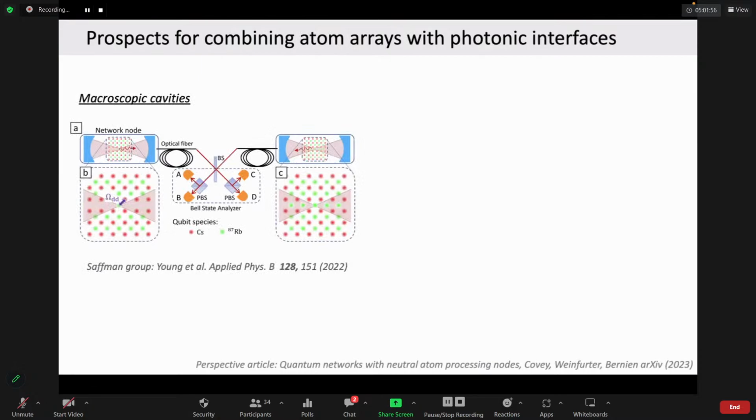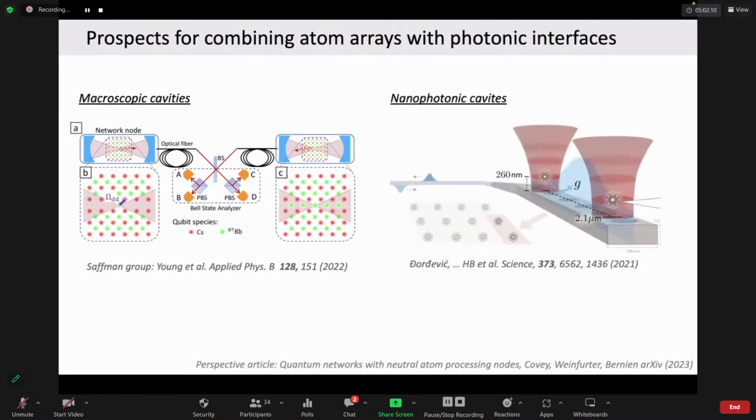And here's a proposal, or a careful analysis of maybe such an architecture, by Mark Saffman's group, where he imagines having two dual species arrays in macroscopic cavities and connecting them with light. Similarly, a different architecture, but here with already experimental demonstrations by Mikhail Lukin's group, where I was also involved at that time, where we showed that you can combine these tweezers with nanophotonic crystals and move these tweezers on and off the crystals.